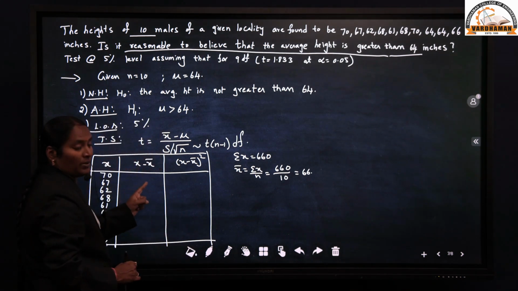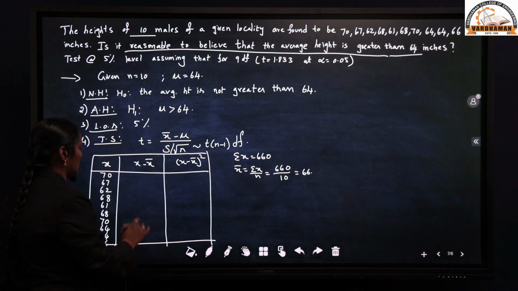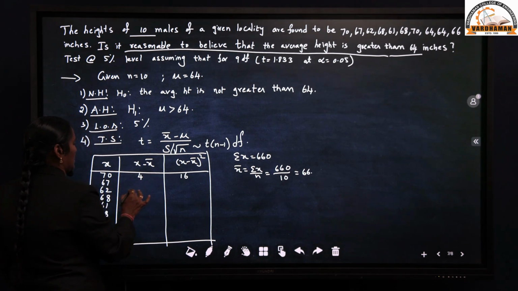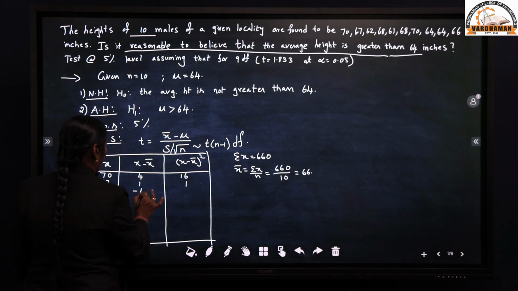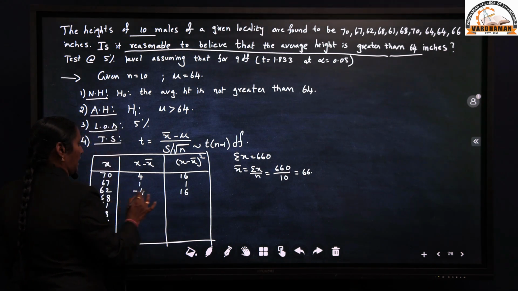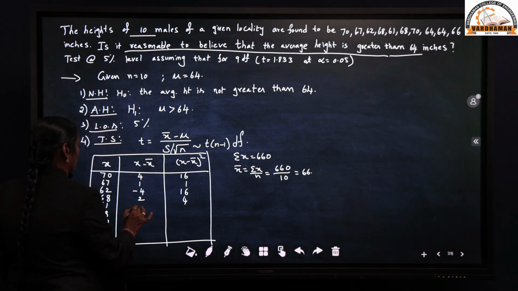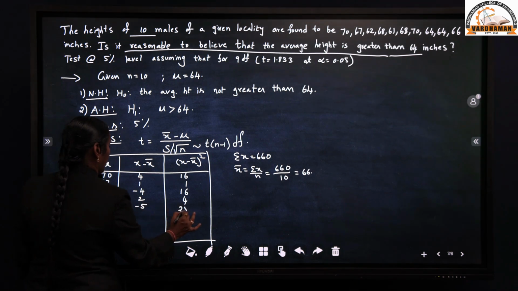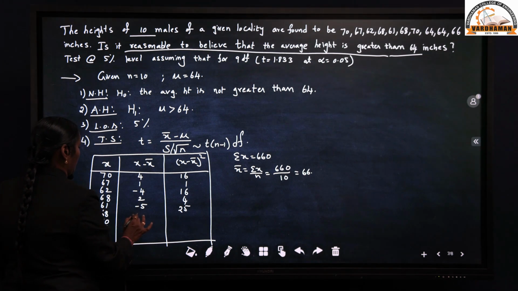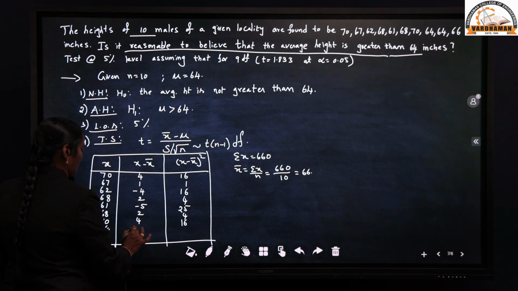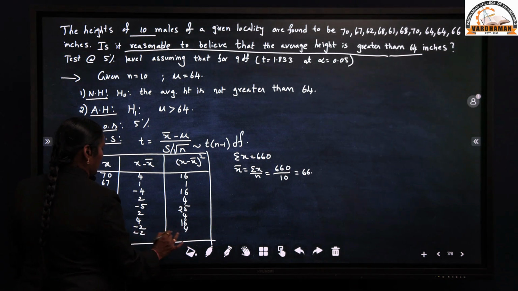So now let us see x minus x bar. 70 minus 66 is 4, and 4 square is 16. 67 minus 66 is 1, and 1 square is 1. 62 minus 66 is minus 4, and minus 4 square is 16. 68 minus 66 is 2, and 2 square is 4. 61 minus 66 is minus 5, so it will be 25. 68 minus 66 is 2, and 2 square is 4. 70 minus 66 is 4, and 4 square is 16. 64 minus 66 is minus 2, so it will be 4, and here also minus 2, and it will be 4.